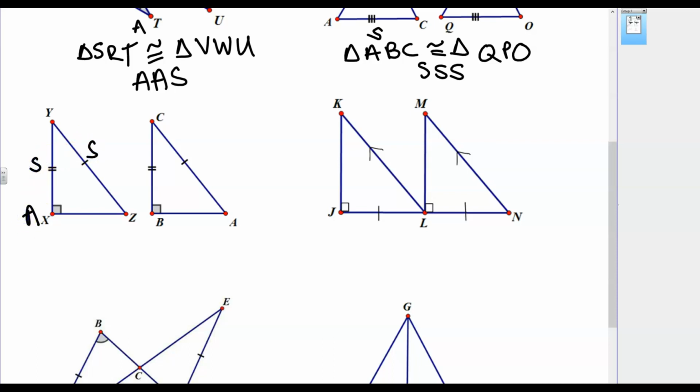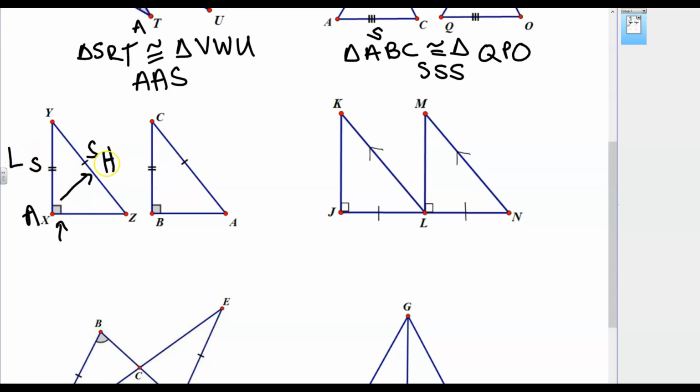And guys, this is not one of my congruence laws. SSA, or if we spell it backwards, ASS, it's a bad word, therefore it's not a congruence law. That doesn't work. However, because this is a right angle, I can relabel these. Across from the right angle is always your hypotenuse, and then any other marked sides are legs.